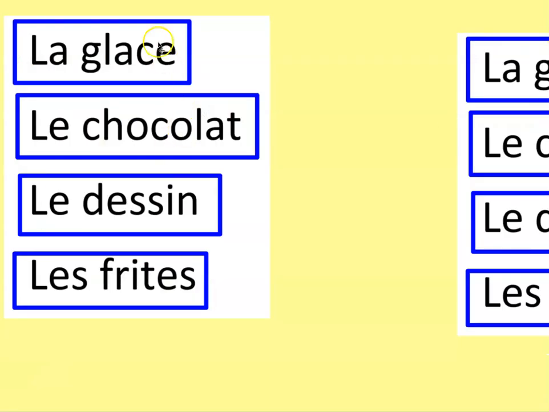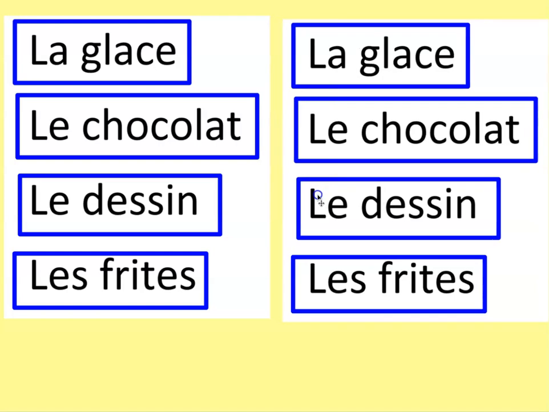So I made cards, and they just had ice cream, chocolate, drawing, French fries. I copied this twice onto cardstock and cut it out. It didn't take long because I made the font as large as possible, and I could just slice across the lines, and they're so big I don't have to worry about them getting lost or anything.